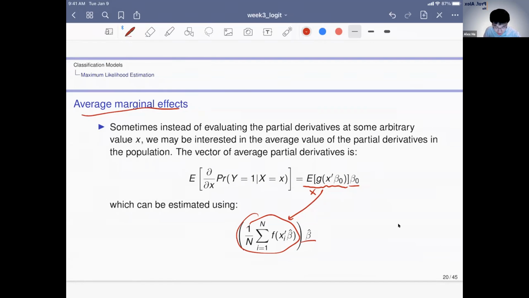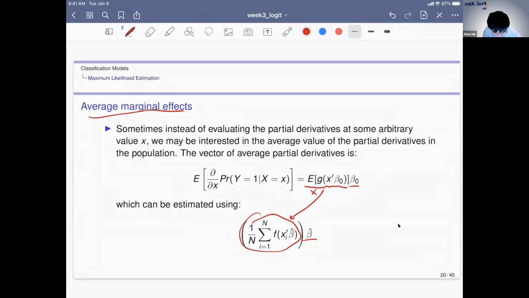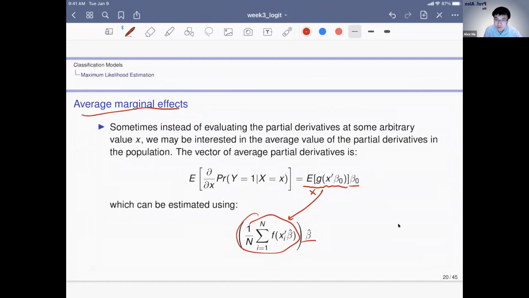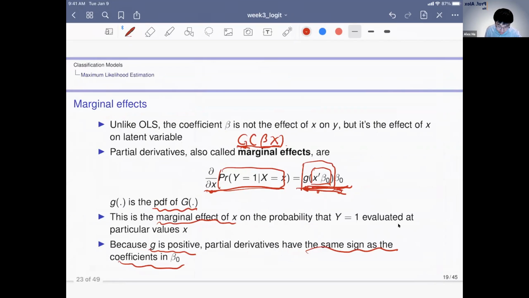This is just to let you know how this works, but actually in Python, I'll do it automatically for you. But when you see that beta, don't think of it as the marginal effect of x on y; you need to know that you need to take this extra step to actually calculate the marginal effect.